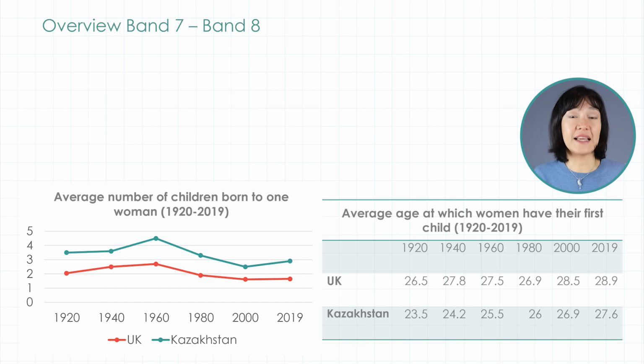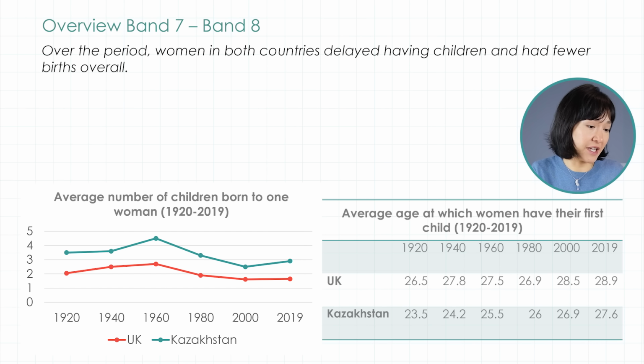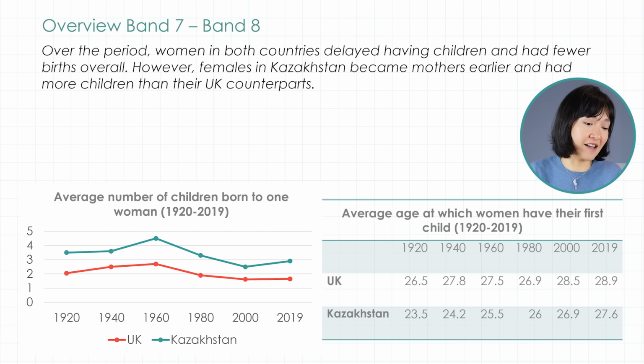So I'm gonna say what's happened over the period between 1920 and 2019 without really concentrating too much on little numbers. So over the period, women in both countries delayed having children and had fewer births overall. However, females in Kazakhstan became mothers earlier and had more children than their UK counterparts.